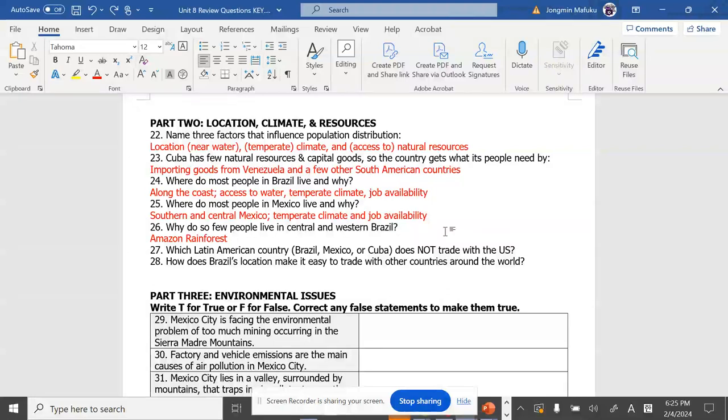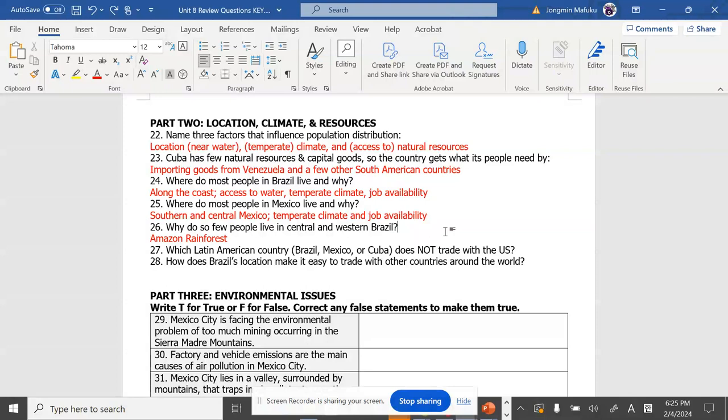You want to live near the forest, but you don't want to live in the forest. There's no access to public life, no access to the everyday things that you would have access to in an urban area. So most people do not want to live in the Amazon rainforest.